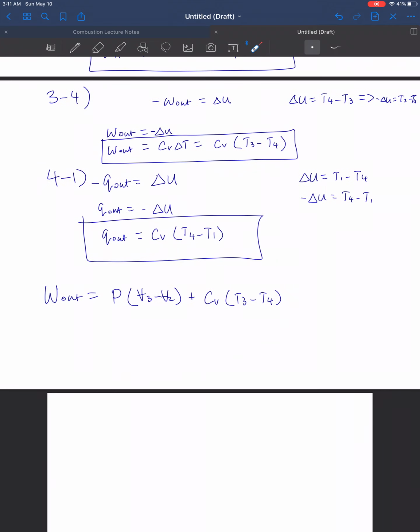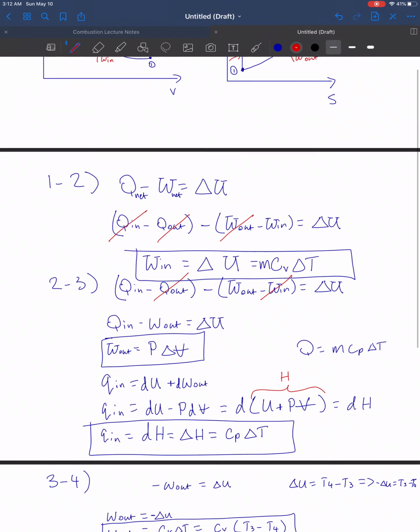So I want to say that my Q net is what? Let's say they asked for work net, right? I could say that my work net is equal to my work out, which is this, right, minus my work in. So I'm going to say W out. Now work in is where?